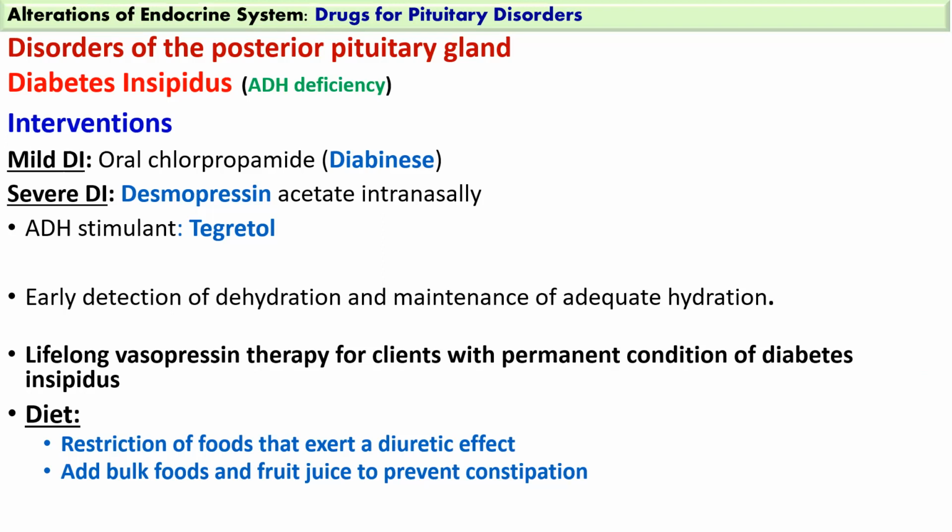Sometimes that will result in orthostatic hypotension, so you have to promote safety. Lifelong vasopressin should be prescribed for patients with a permanent condition of diabetes insipidus.